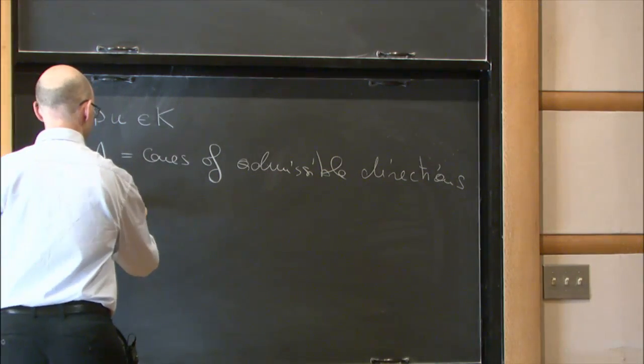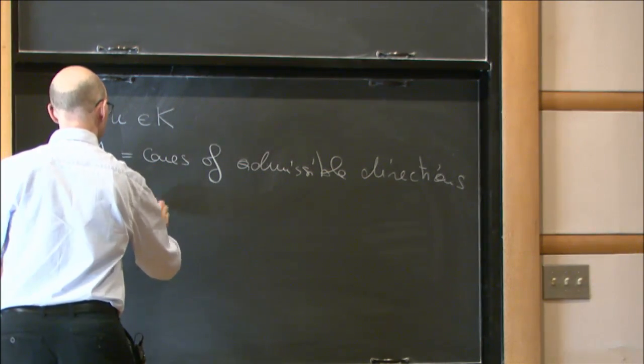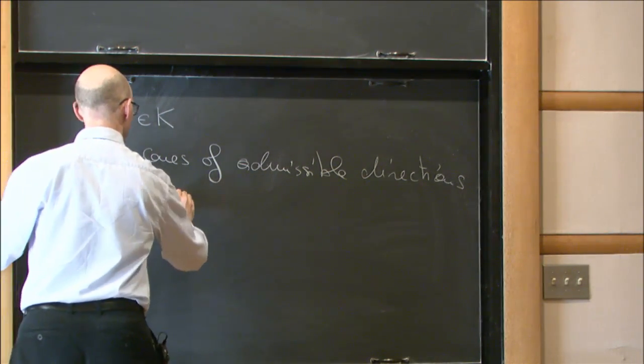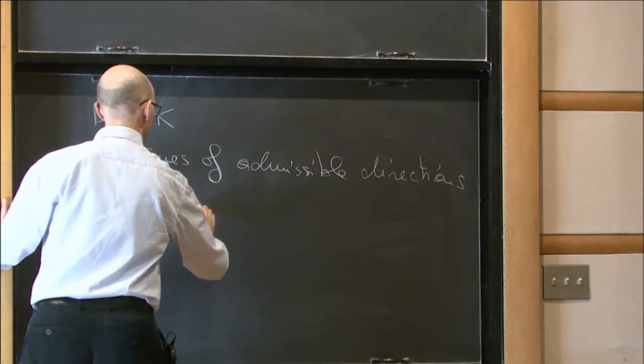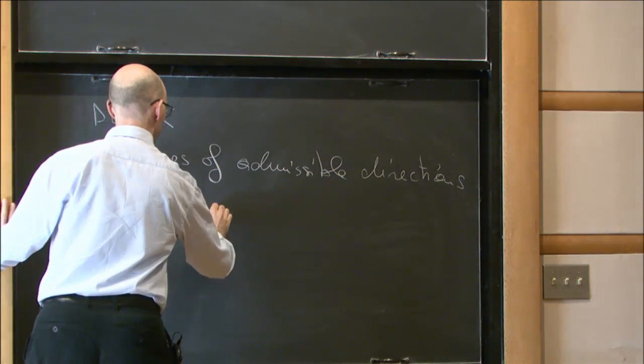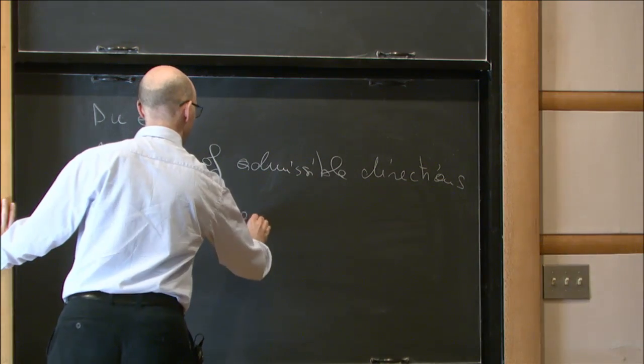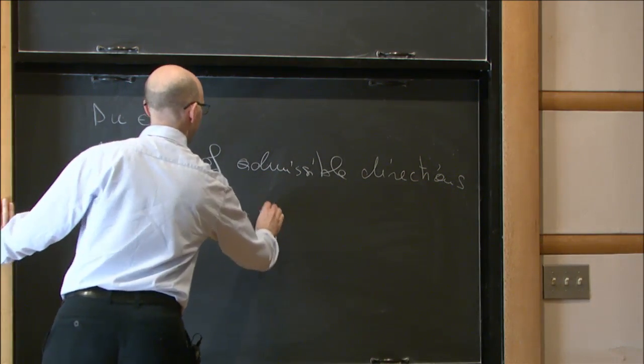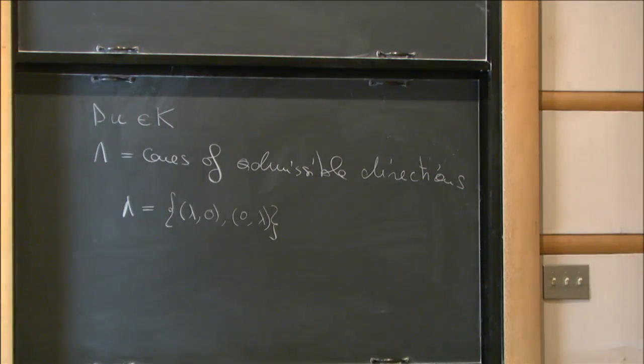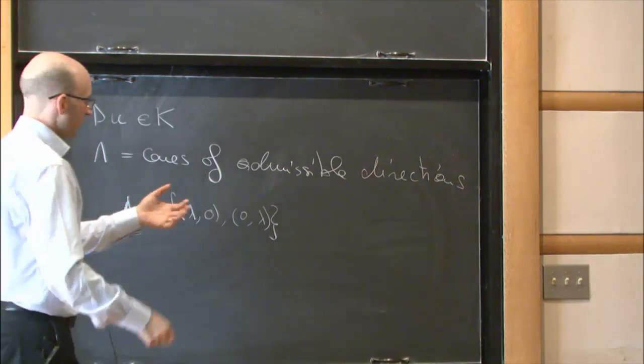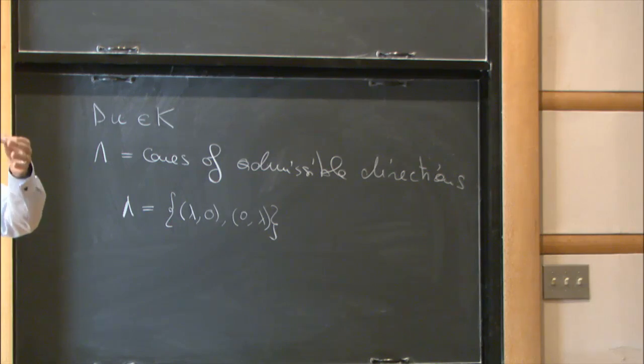Let's say we are in R2, and lambda consists of only two lines, (lambda, 0) and (0, lambda), so only vertical and horizontal directions are admitted. If I want to define some notion of convex hull, you give me two points. If the segment connecting the two points is vertical or horizontal, then the whole segment is in the convex hull.